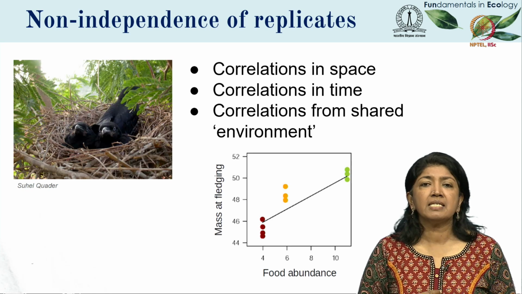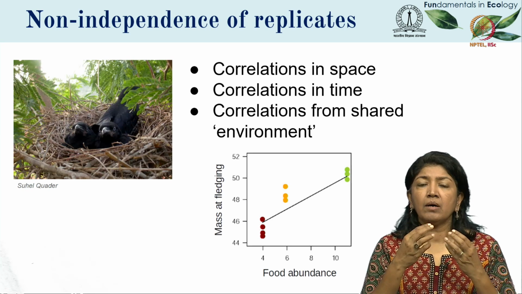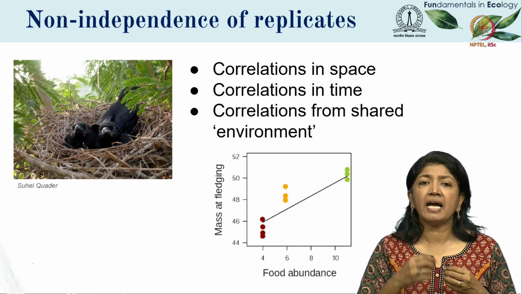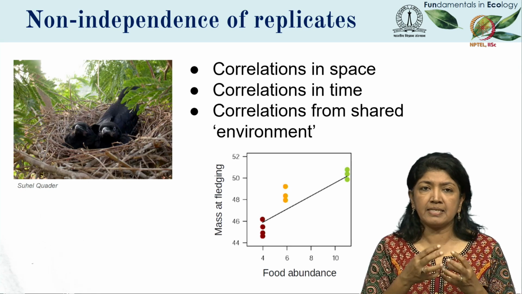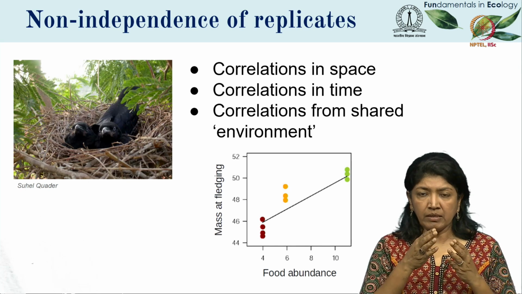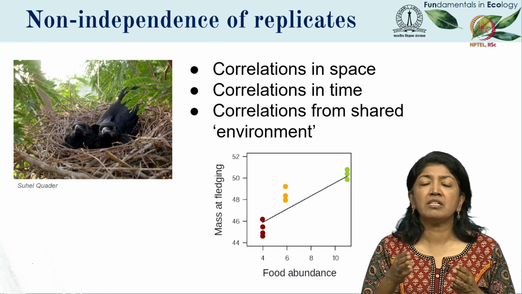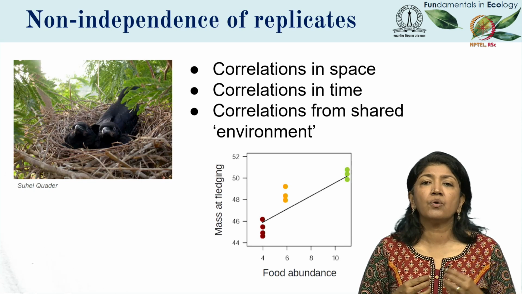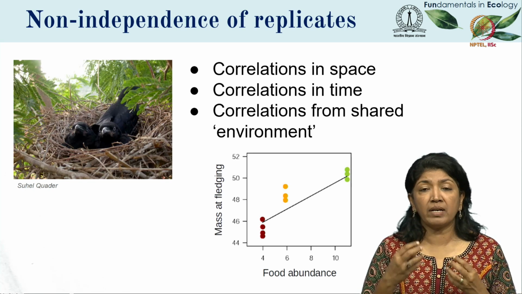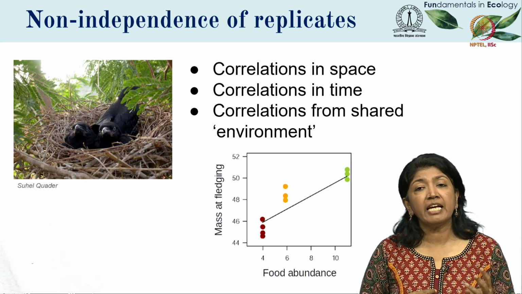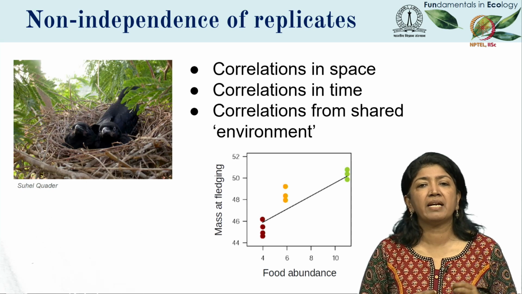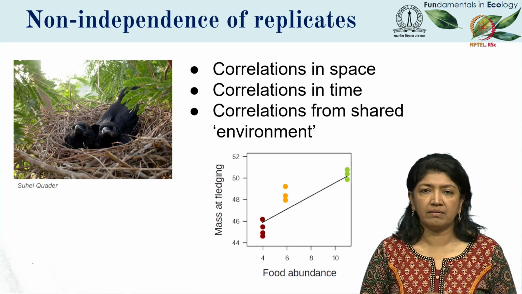So, to do this, I monitor several nests and measure the mass of chicks in areas with different levels of food abundance. What I have shown you here are measurements of 10 chicks from 3 different nests. Chicks from a nest here are color coded the same.